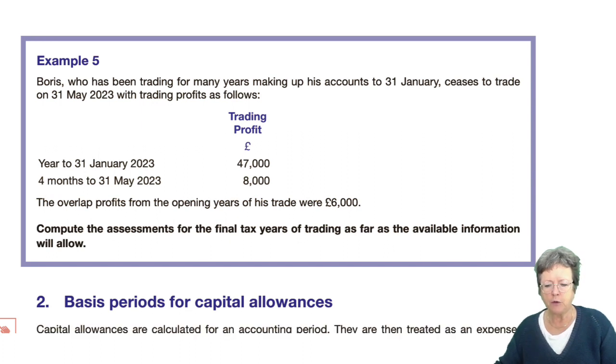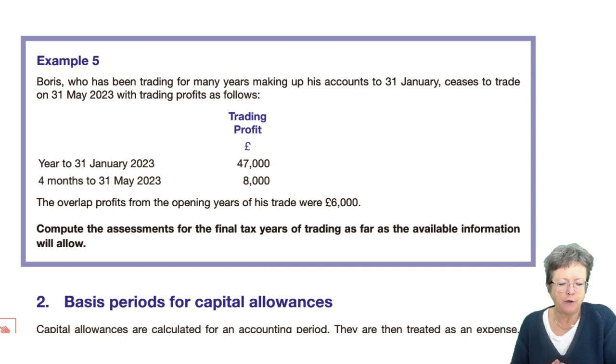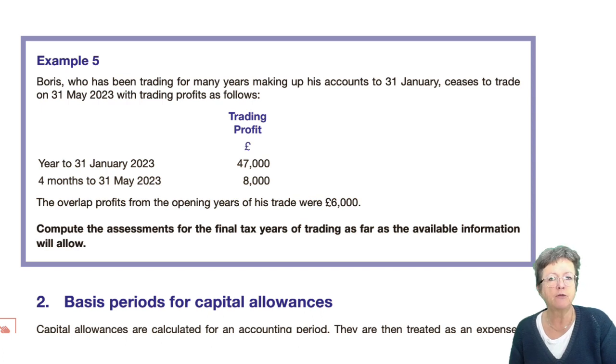So I'm going to show you how the answer works in a second, but let's read through the question first. Boris has been trading for many years, makes up his accounts to the 31st of January. He decided to cease trading on the 31st of May 2023. So up to the 31st of January 23, he had £47,000 worth of accounting profits. And then the final 4 months to May, he had £8,000 worth of profits.